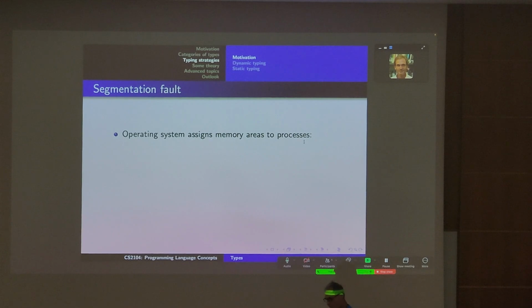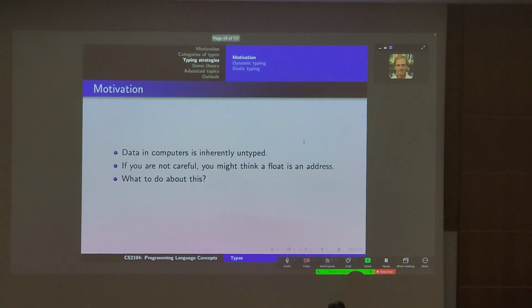So the operating system makes sure that a process that wants to do these bad things crashes and is terminated as a bad program and eliminated from the pool of processes. That's a good thing. Segmentation fault is a good thing. It protects your system's integrity. That's one way of handling these type errors.